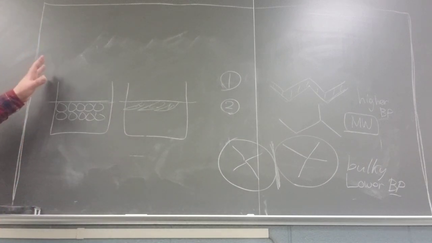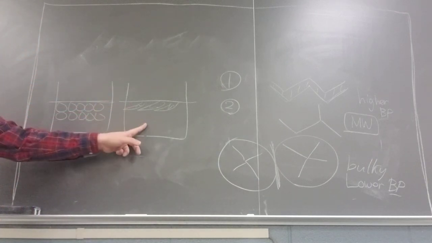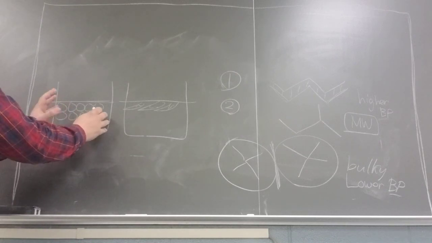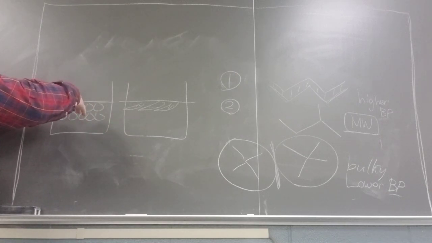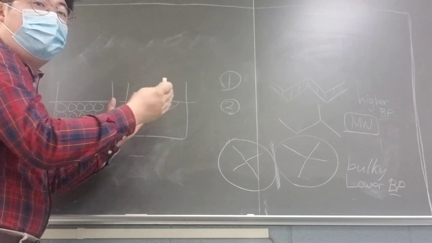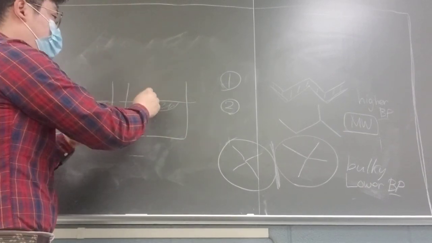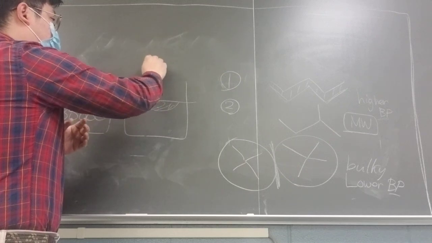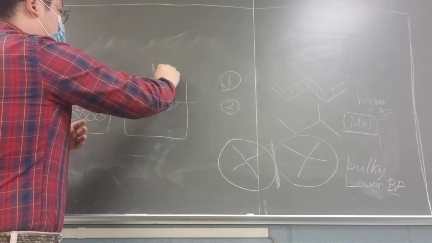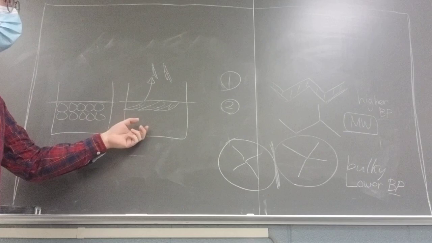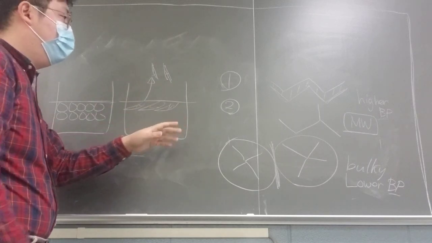If you try to blow on the top of these two boxes, obviously the metal beads will stay the same because they're heavy, but the feathers are so light. Even a very slight flow of air will make them fly into the air, right? Because they're so light. This is a quite extreme analogy that I'm applying to the compounds.